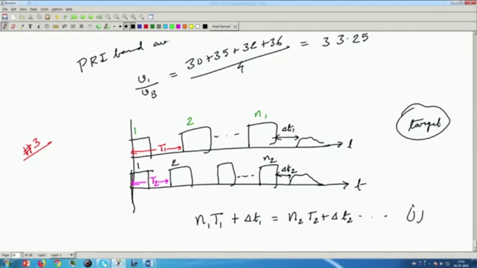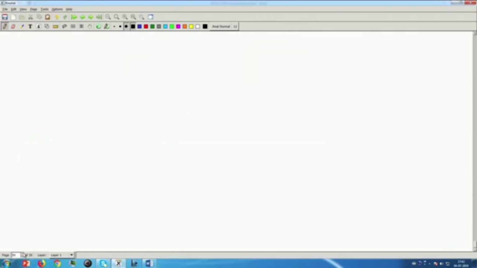Now, what are given? Given things are FR1 is 400 hertz. So, T1 I am getting, T1 is 1 by this.